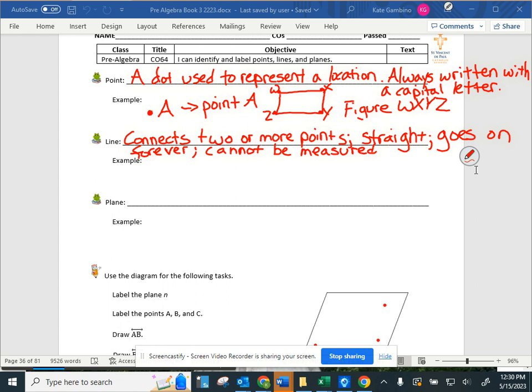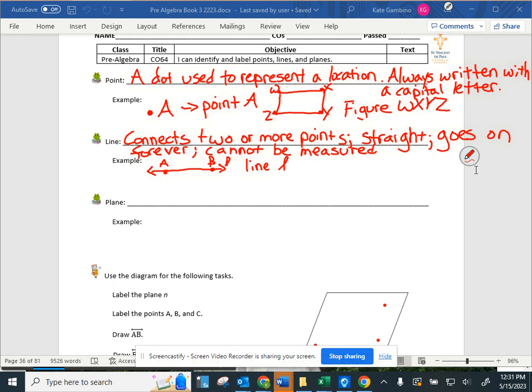So an example of a line, let's say we have point A and point B. We know it's a line because what am I going to include on it? Arrows. So we know it's a line because it has arrows. If they put a cursive L there, we would call this line L because that's the name that was given to it.